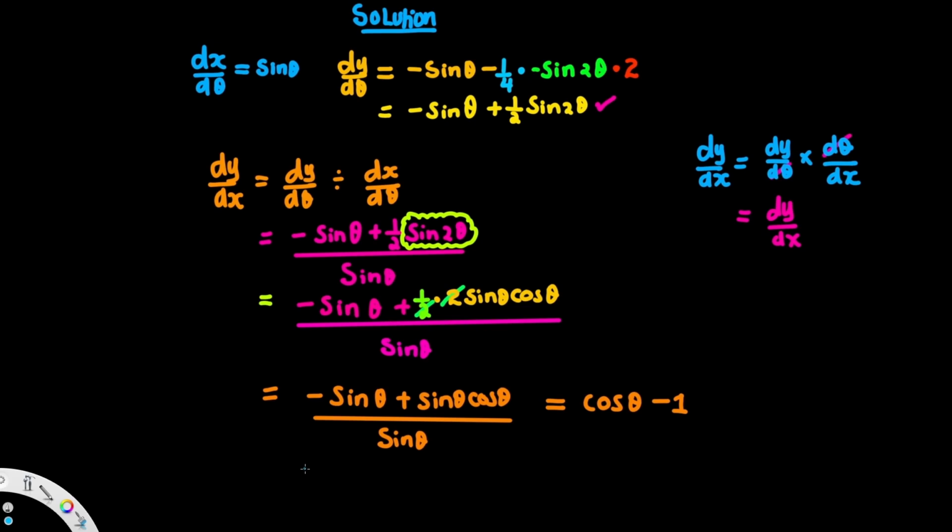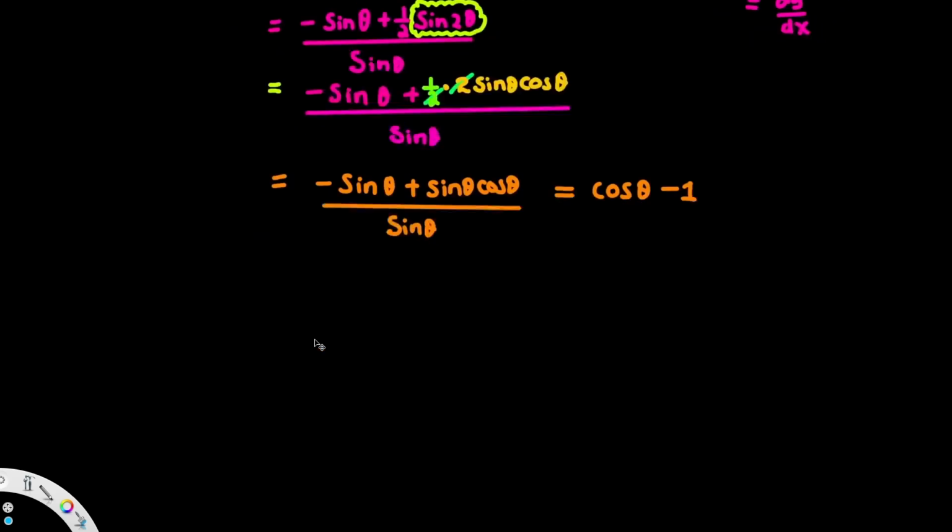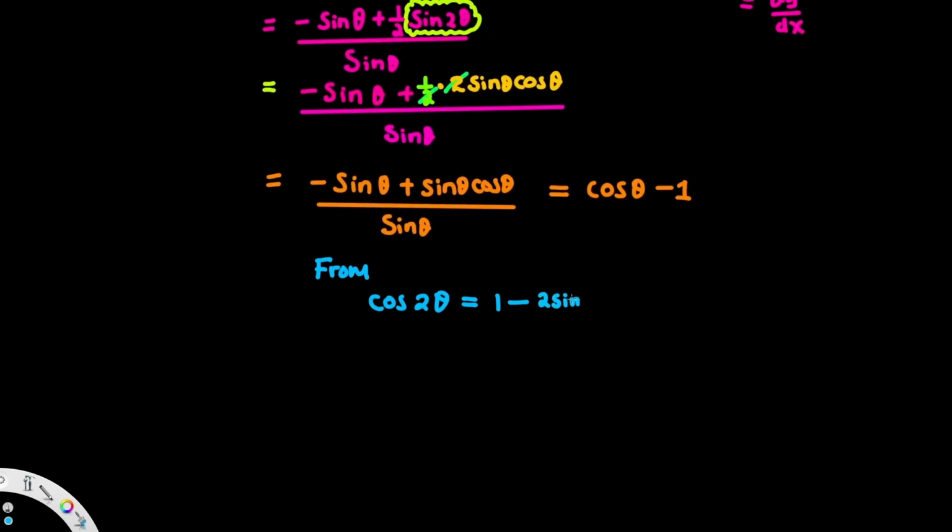But what is cos theta minus 1 equivalent to? Let us check the double angle formulas. Cos 2 theta equals 1 minus 2 sine squared theta.